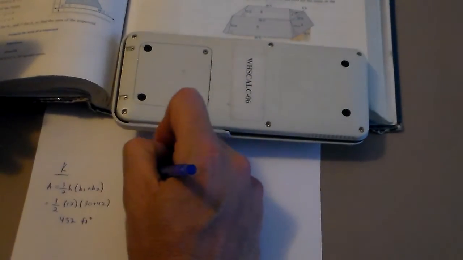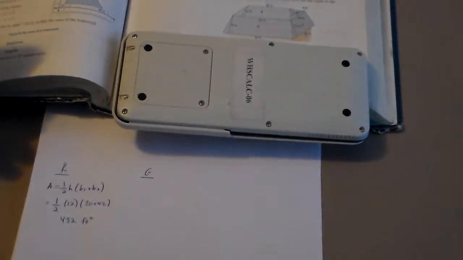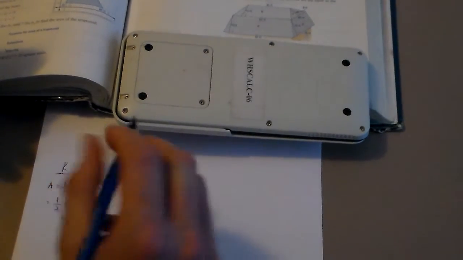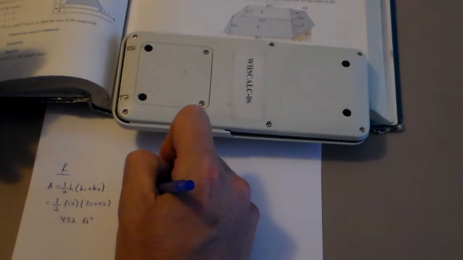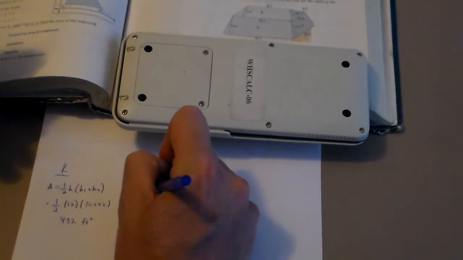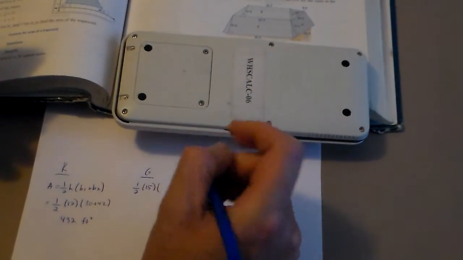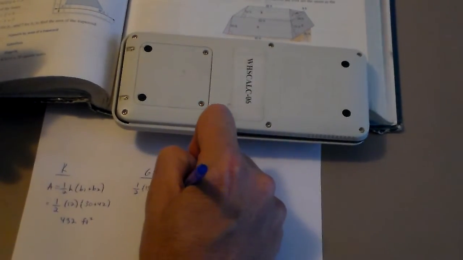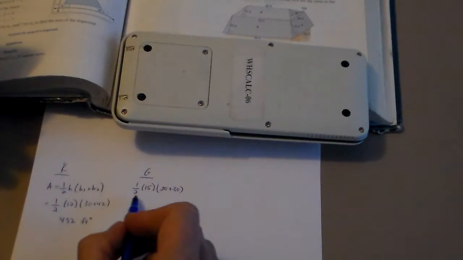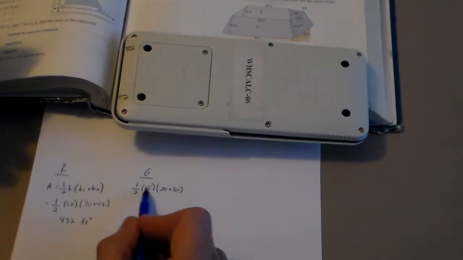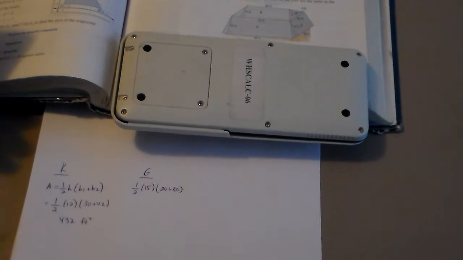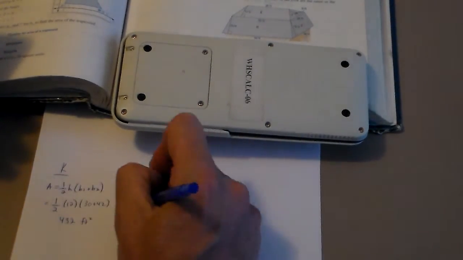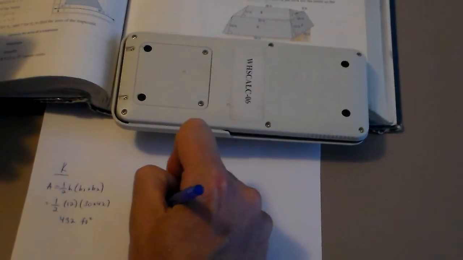So let's do G. G is also a trapezoid, same formula. So that's going to be 1/2 times the height, which is 15, times the sum of the two bases, 20 plus 30. So that's going to be 50. 1/2 of 50 is 25, so I got to do 25 times 15, and I get 375. Again, square feet.